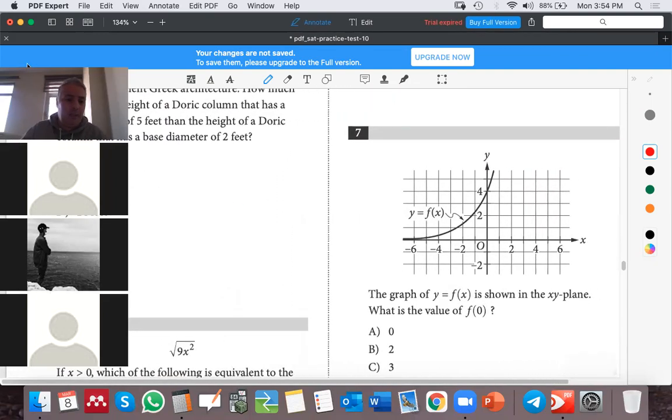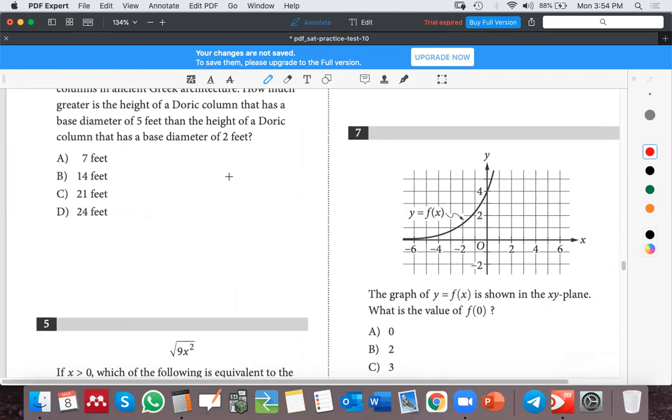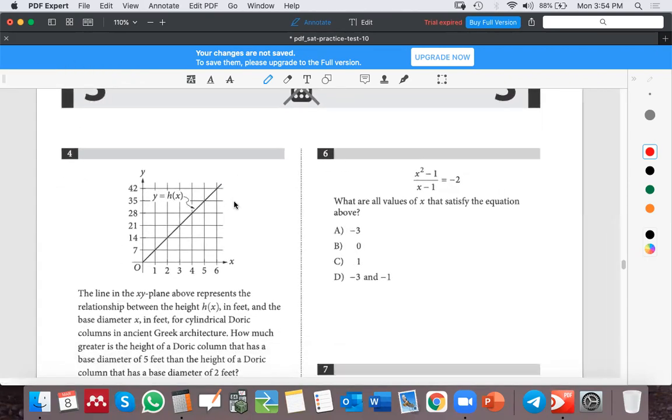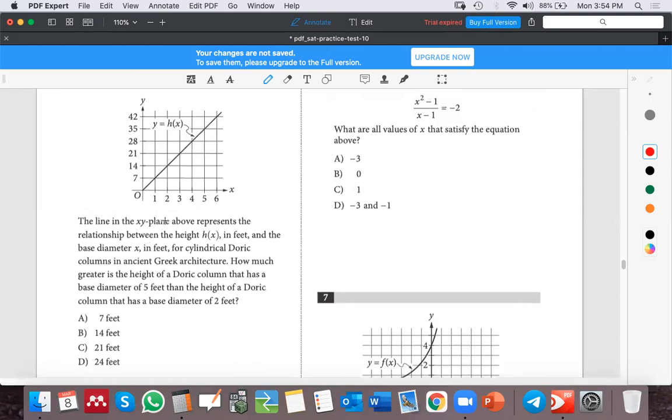Okay, question number right now. The line xy above represents the relationship between the height in feet and the base diameter x for cylindrical Doric columns in ancient Greece. Forget about the story.